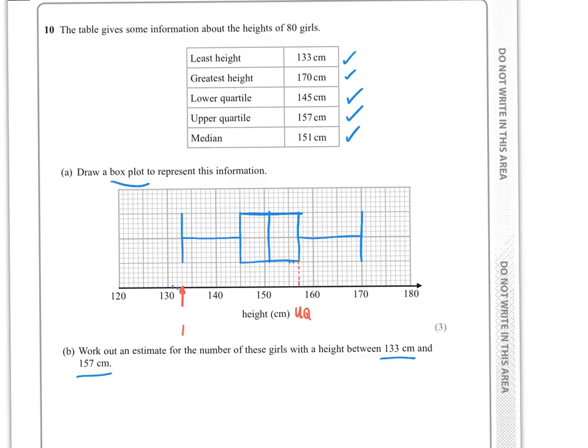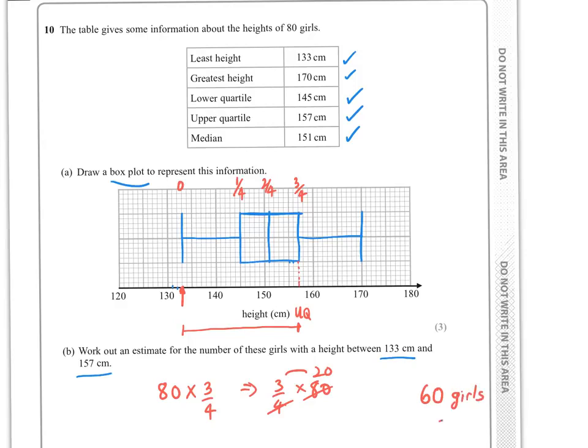So going from the beginning of the data to 3/4 of the data, which is the upper quartile, because don't forget we have the first quarter here, the median is the second quarter or the halfway mark, and this is the 3/4 mark. So as there are 80 girls, it's just going to be 80 times 3/4, or 3/4 of 80. And 4's into 80 is 20, so we've just got 60 here, so 60 girls.